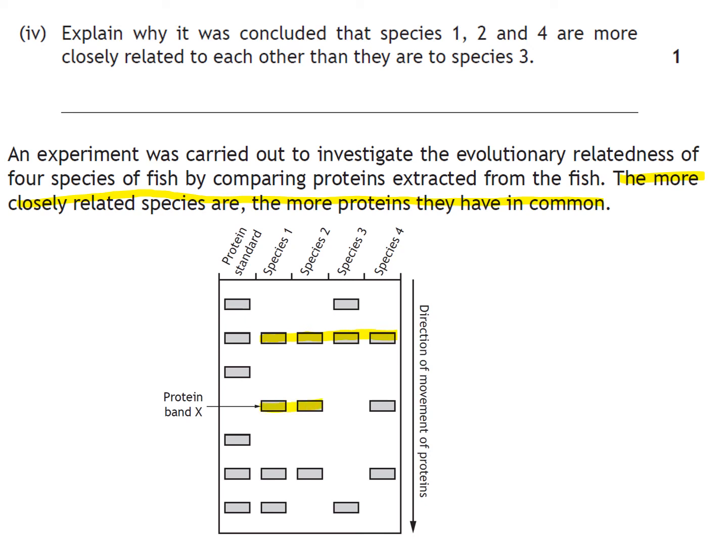It has these in common with 2 and 4, and these in common with 2 and 4, and this one down here in common with 3. So why are 1, 2 and 4 more closely related to each other than 3? Look at 3, it doesn't have many bands in common. Okay, and you have to explain that.